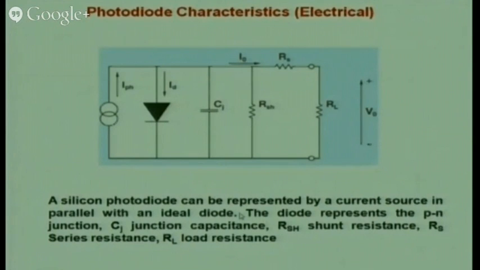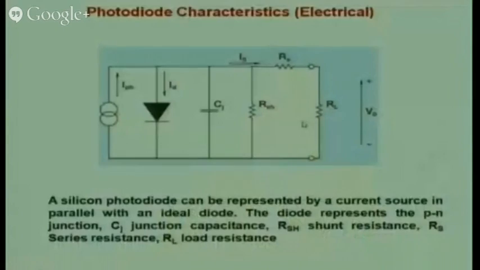So this is the electrical characteristics, because if I want to sense this light output, which can be a modulated one, or it can be a simple light intensity also. If it is a modulated one, it can be in the megahertz region, the kilohertz region, or the gigahertz region.